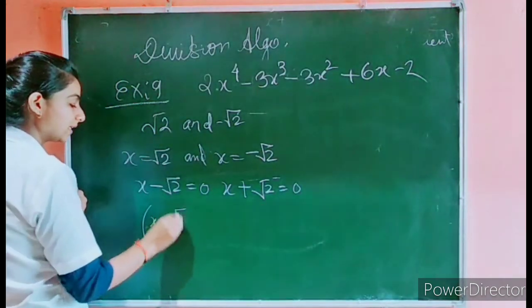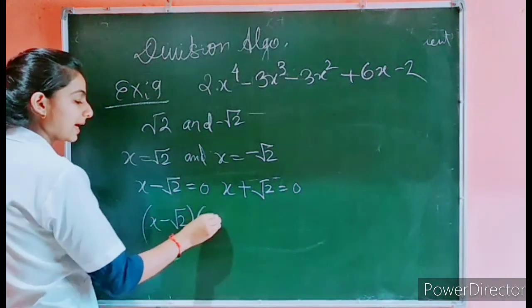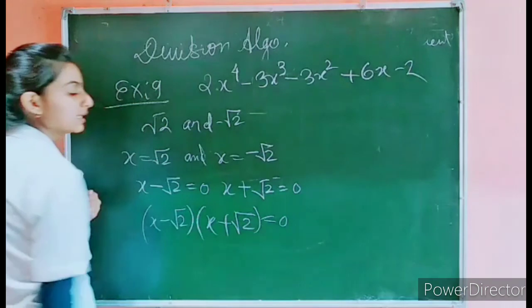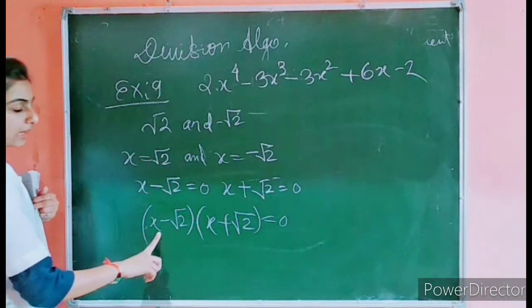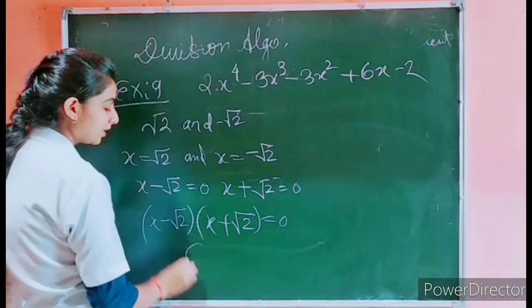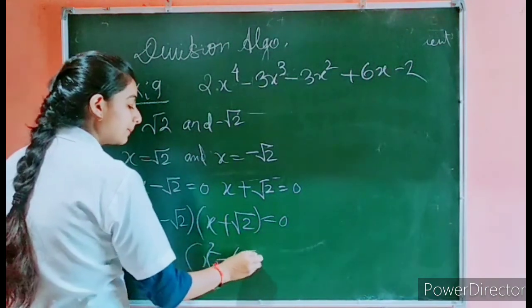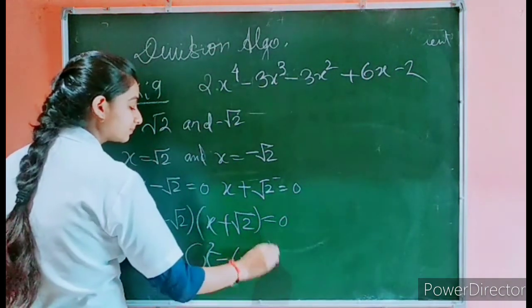Now x minus root 2 times x plus root 2 is equal to 0. Now a minus b, a plus b, we get a square minus b square.